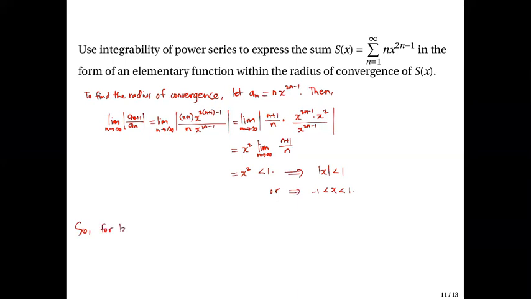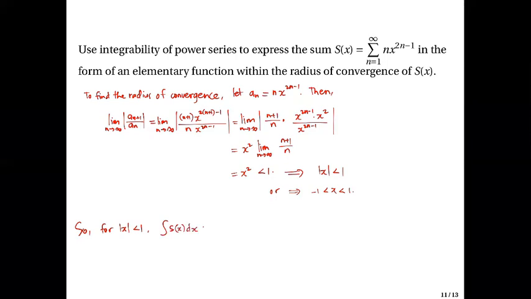So for the absolute value of x less than 1, we were given a hint: integrability of the power series. So we integrate s of x dx.